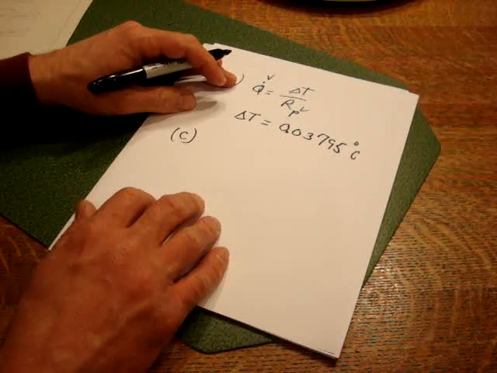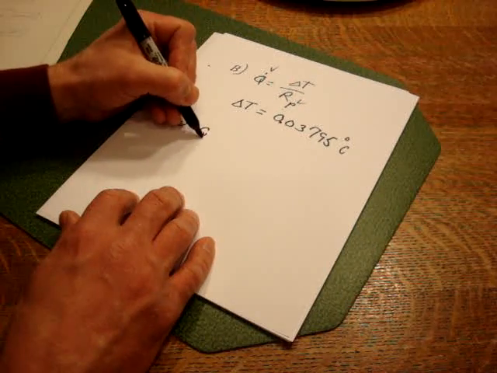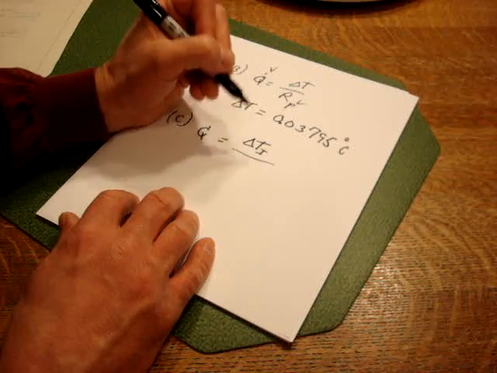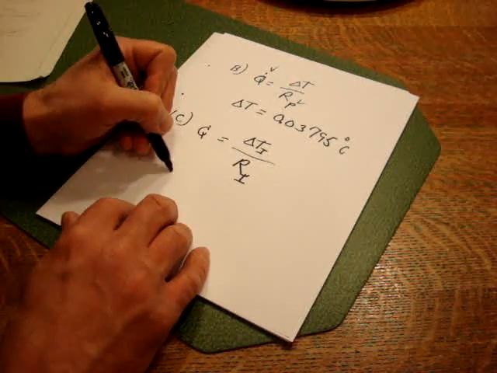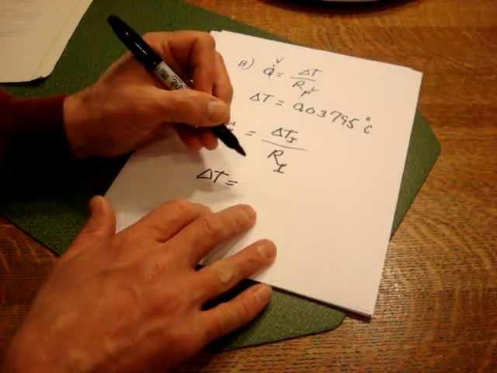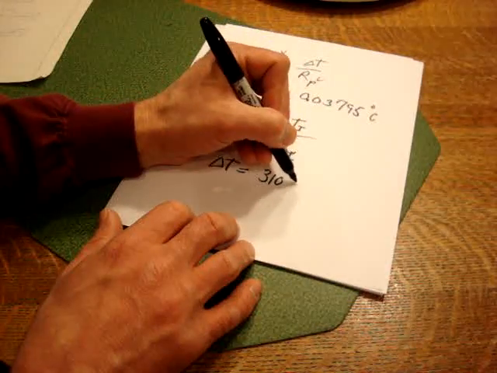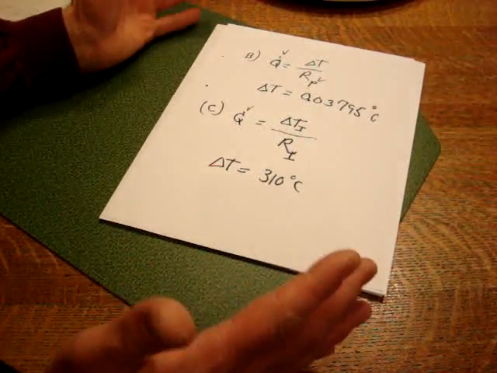And doing that same trick for delta T of the insulation, we got Q dot is equal to delta T of the insulation divided by R of the insulation. Put your numbers in there and crunch that out, and you'll get 310 Celsius. Okay? Now notice, here again, it's a steady problem.